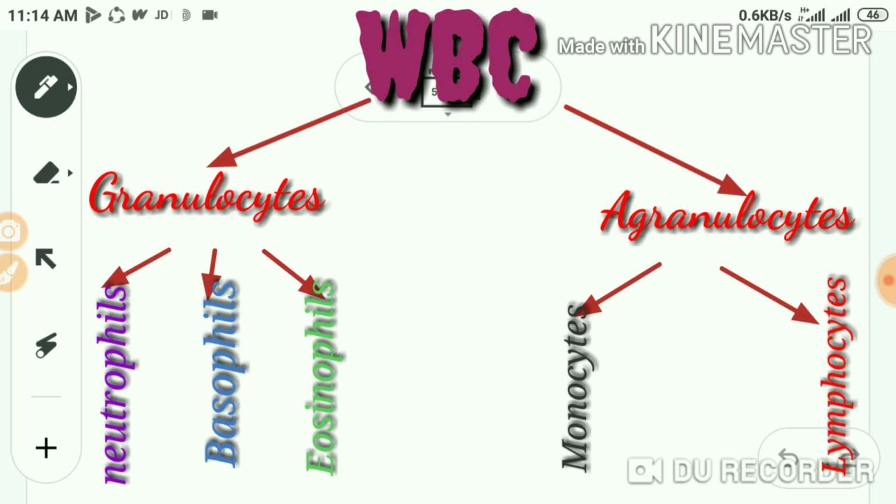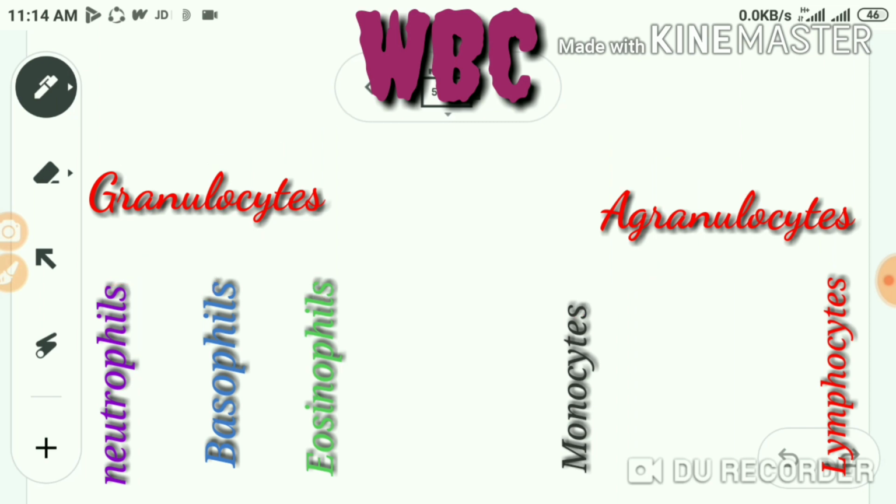You see, WBC, that is white blood corpuscles, are divided into two groups. The first is granulocytes, the second is agranulocytes, based upon the presence or absence of granules. Granulocytes are again divided into basophils, eosinophils, and neutrophils. Agranulocytes are divided into monocytes and lymphocytes.